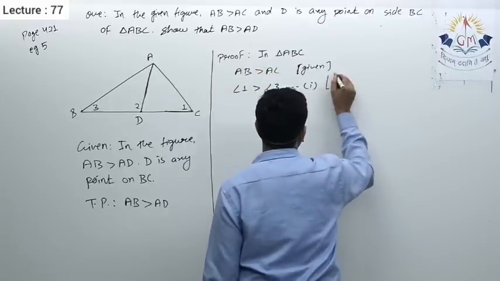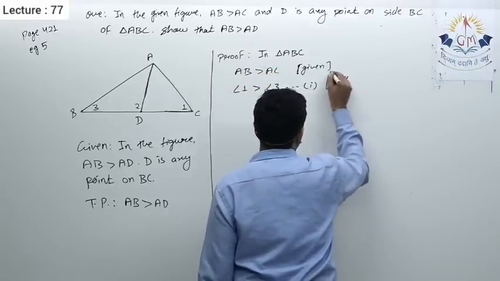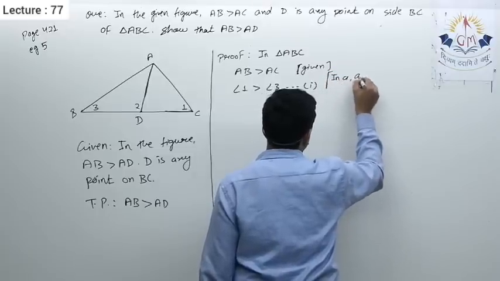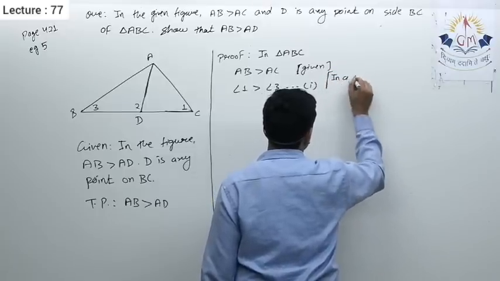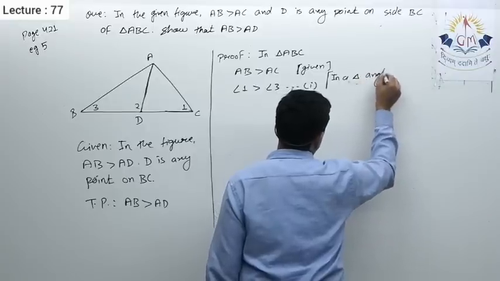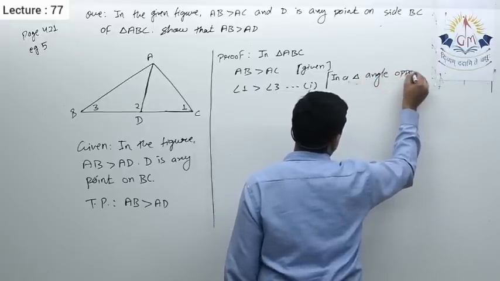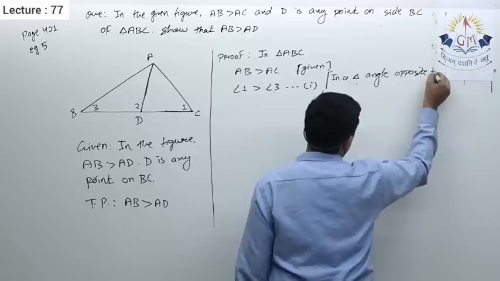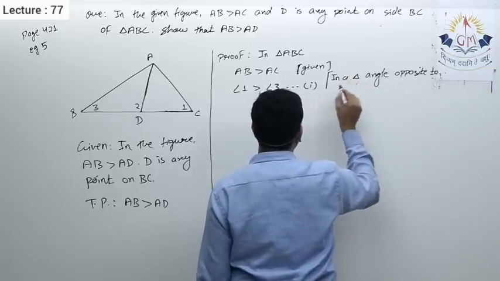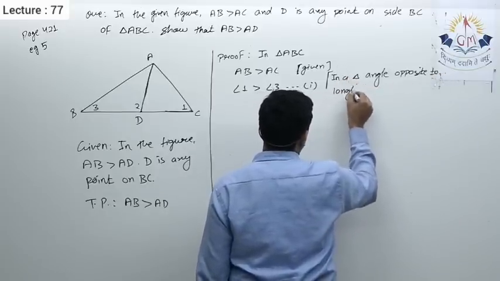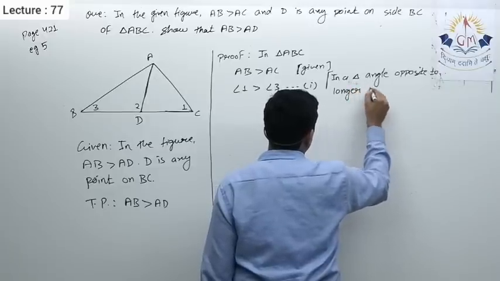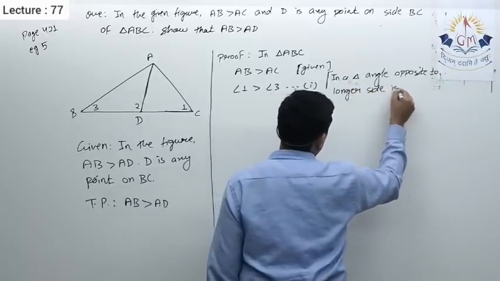In a triangle, angle opposite to longer side is greater.